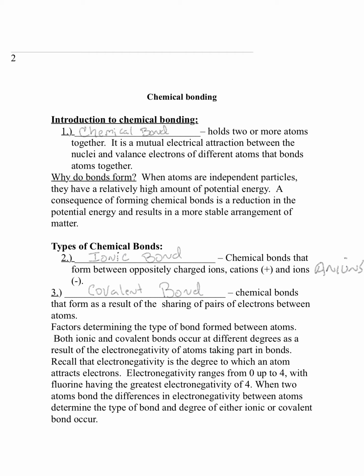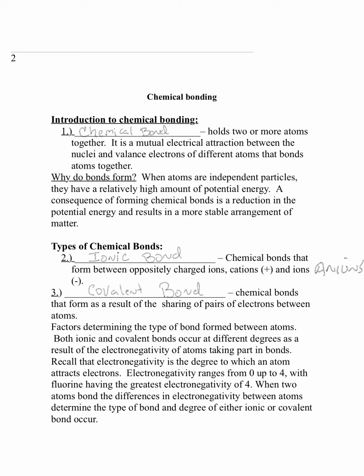Both ionic and covalent bonds occur at different degrees as a result of the electronegativity of atoms taking part in bonds. Recall that electronegativity is the degree to which an atom attracts electrons. Electronegativity ranges from 0 up to 4, with fluorine having the greatest electronegativity of 4.